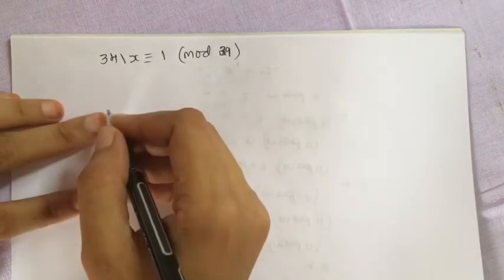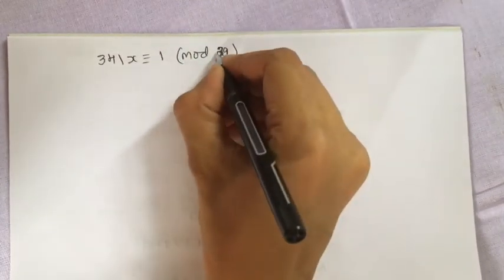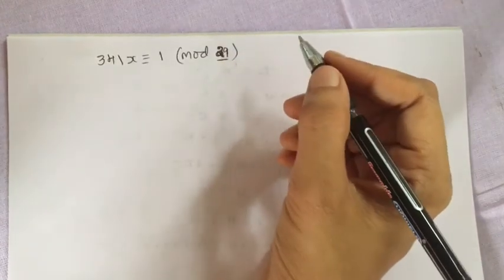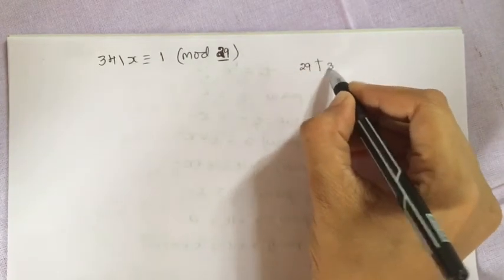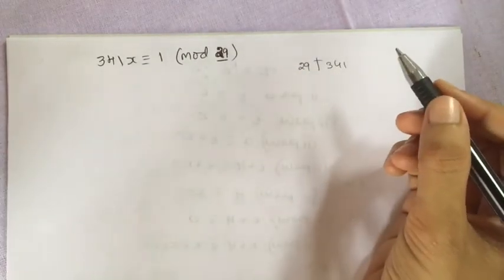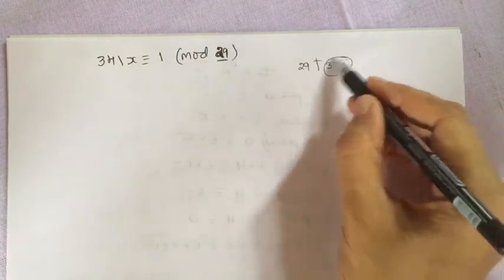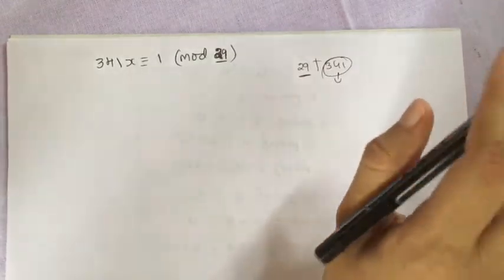Now 341, again you have to check with the modular values. Here it is 29. 29 does not divide 341. So I have to check what I can add to this that is divisible by 29.